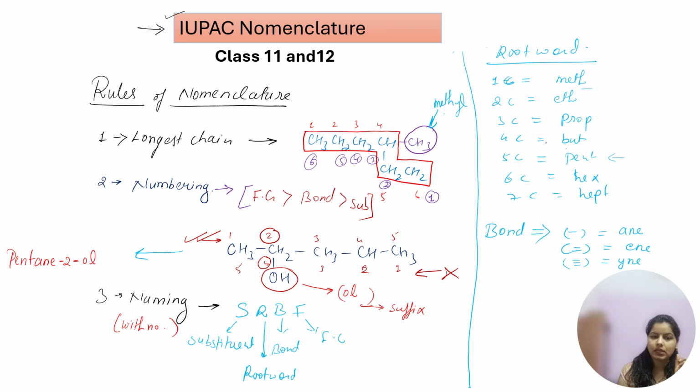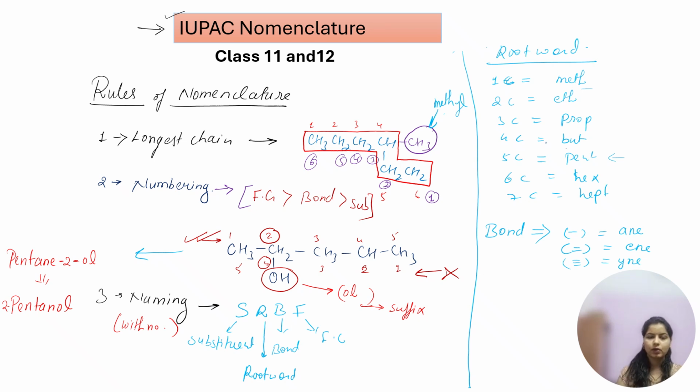So this is pentane-2-ol. Or you can just write it as pentanol. If you want to attach them, just remove the e and add ol. You can say this as 2-pentanol or pentan-2-ol.